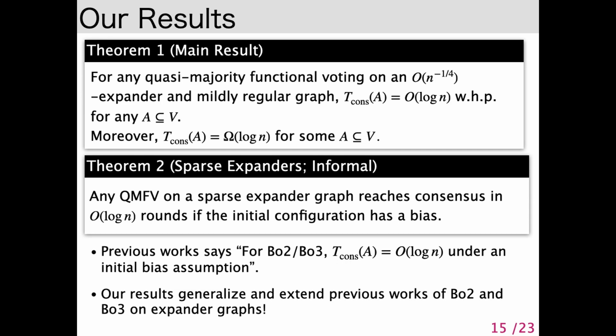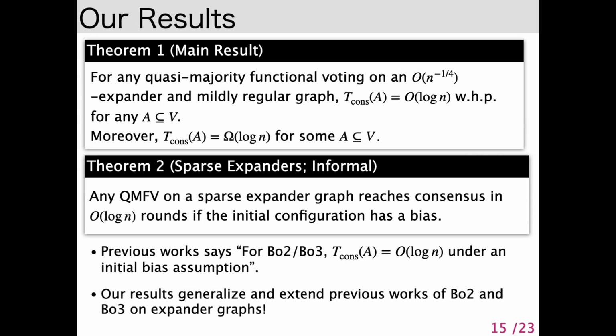Now we give our main result. Consider a quasi-majority functional voting over an order n to the minus 1 over 4 expander and mildly regular graph. Then the consensus time is at most order log n with high probability for any initial configuration A. Moreover, this upper bound is tight up to a constant factor.